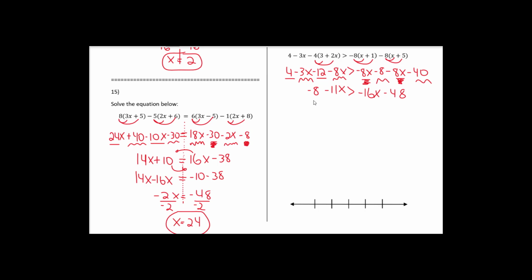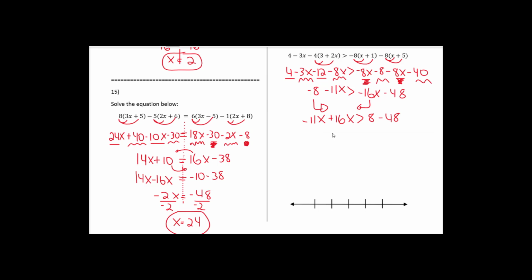Now let's move the numbers. The 8 is going to move. The 16 is going to move as well. So this would be negative 11x on this side. The 16 is going to come over as positive 16x. The negative 8 goes up the other side as positive 8, and we bring down the negative 48. Now we're going to combine like terms.